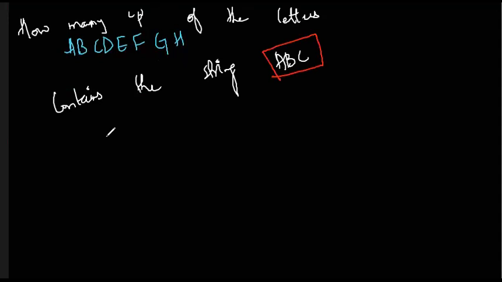So whenever we want, in this case of problems, whenever we want it together, we consider ABC as a single string and consider it as 1. Then what about the other elements which are there in the set? We have D, E, F, G, H.